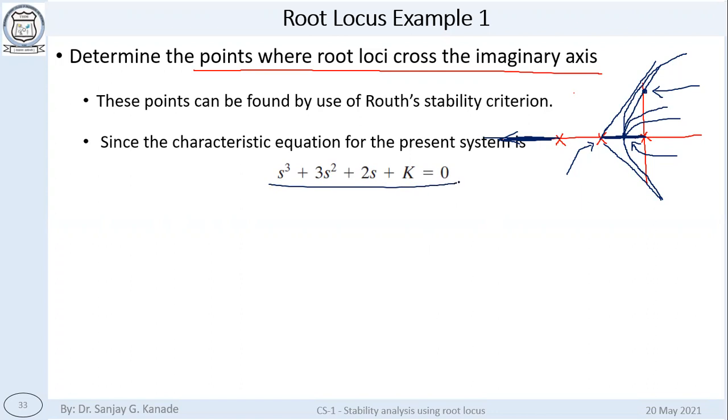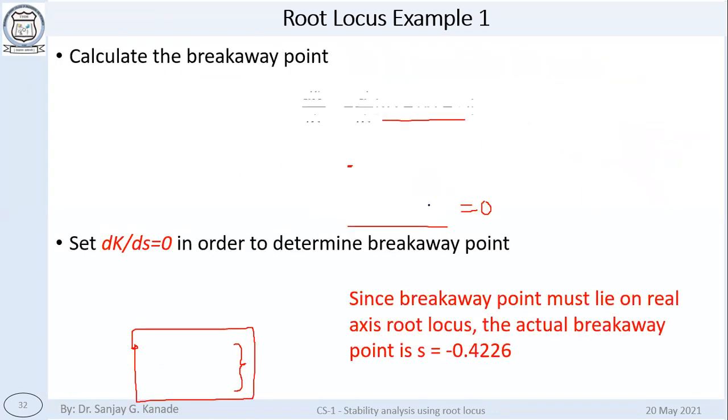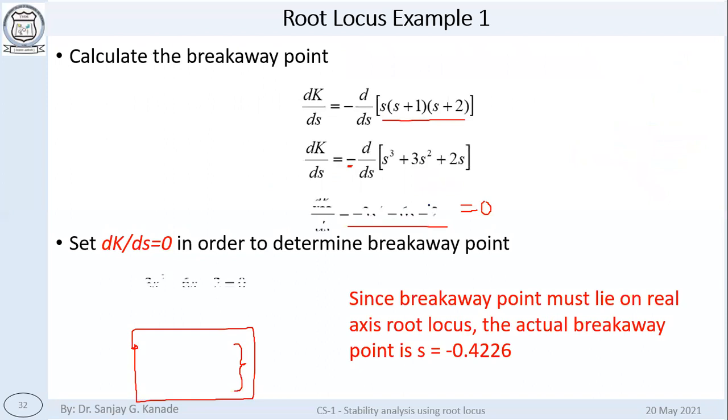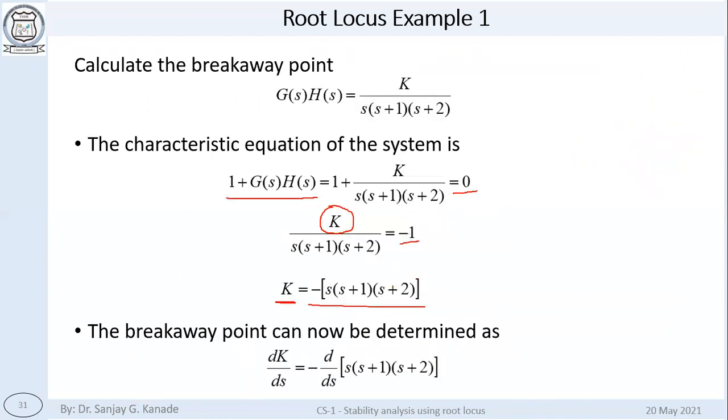Where did this come from? Just a while ago we calculated it here. You can see here also, s cube plus 3s square plus 2s plus k equal to 0. That was the characteristic equation.